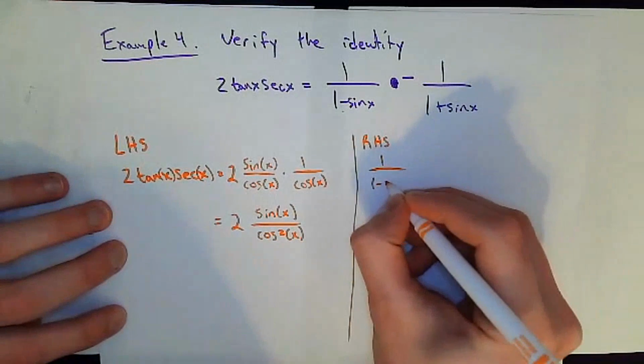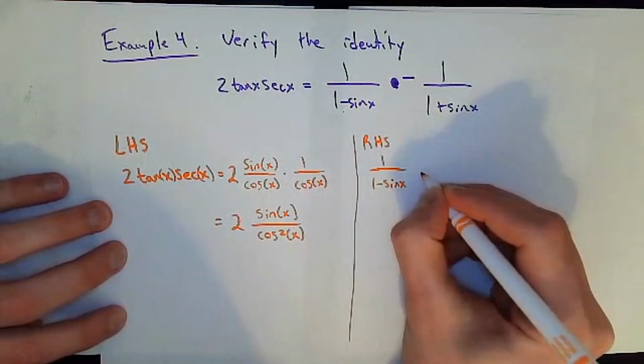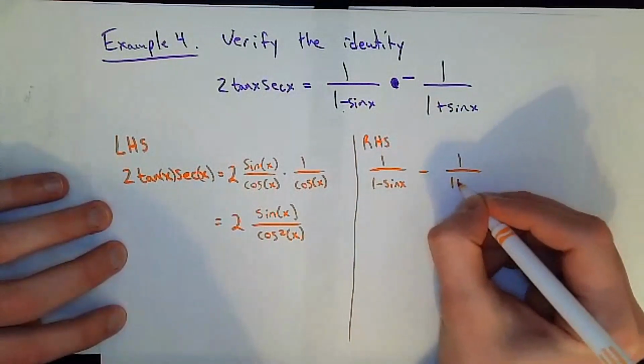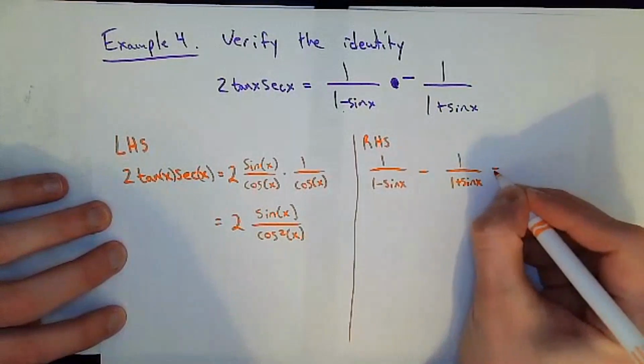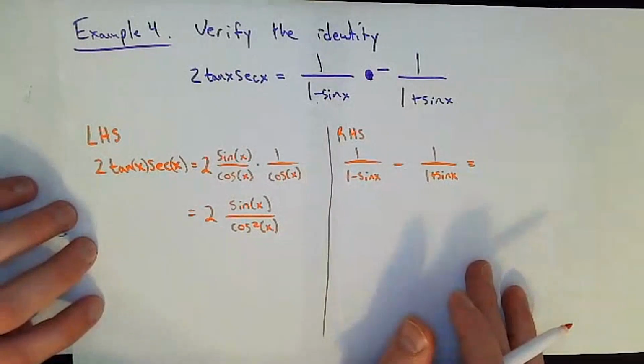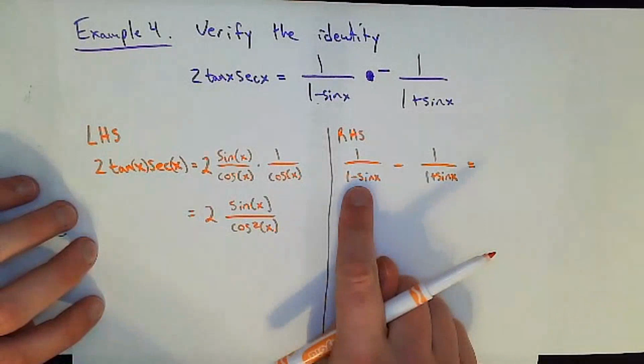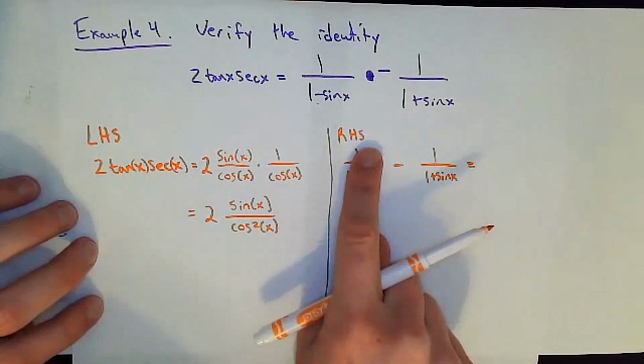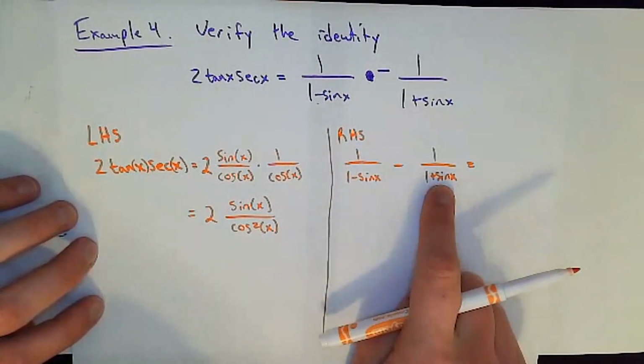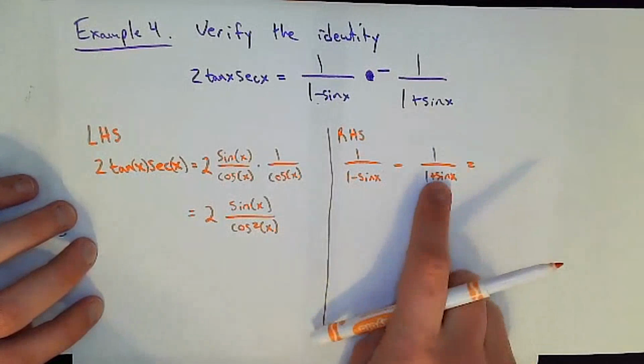1 over 1 minus sine x minus 1 over 1 plus sine x. So I'm going to have to find a common denominator here by multiplying. I'm going to give this one the 1 plus sine x in the top and bottom. I'm going to give this one the 1 minus sine x in the top and bottom.